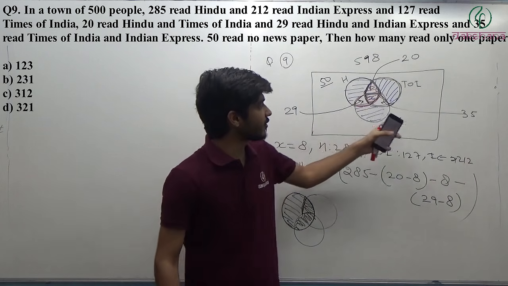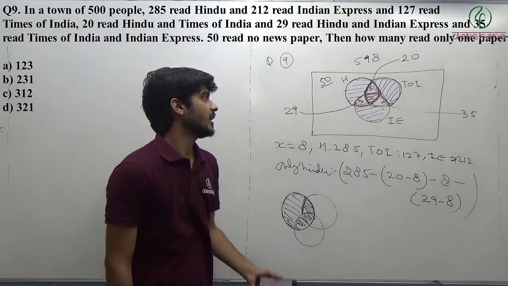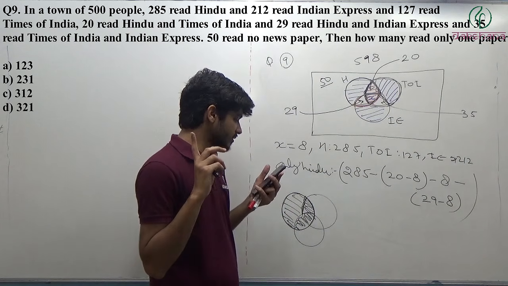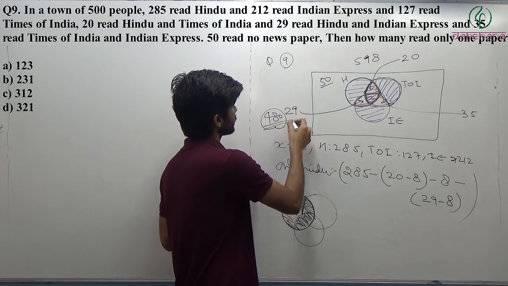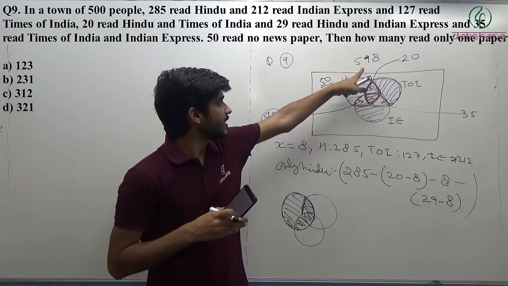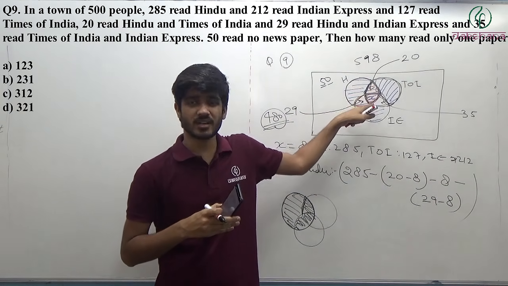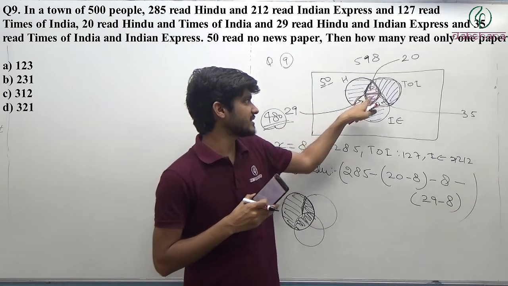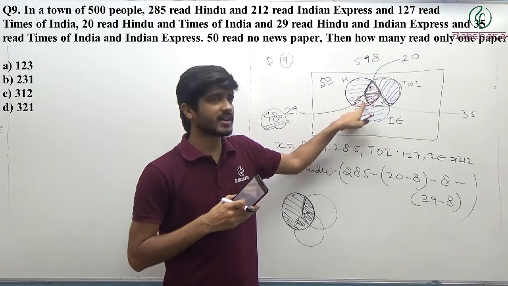Similarly you can find for Indian Express, similarly you can find for Times of India, and you would end up getting 480. Or you can simply take 598 minus 50, that's everybody within these circles, and you can simply subtract this 8, this 35 minus 8, this 20 minus 8, this 29 minus 8.